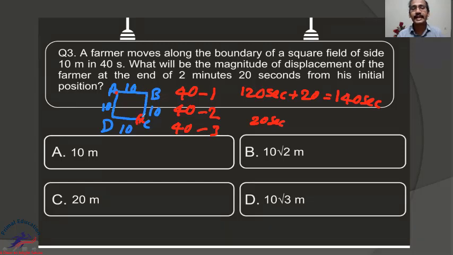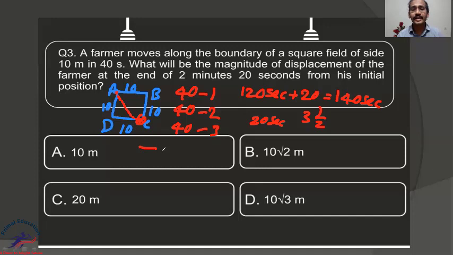At point C he can reach. Yes, right? First round, second round, third round, 3 rounds, 120 seconds. So after 3.5 rounds he reaches point C. Now we can calculate the displacement from the starting point to the ending point.